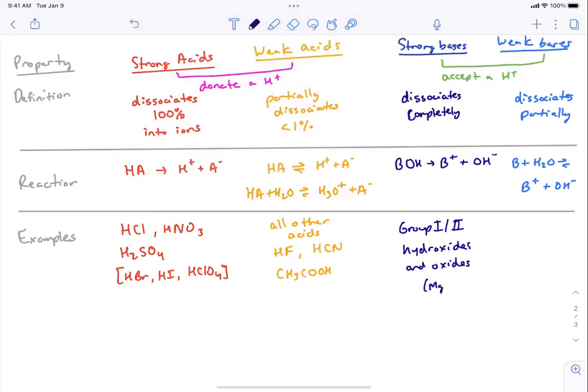Other than, let me say this, I don't know how picky they're going to be here. Not Mg and Ca. Those are the exceptions. Magnesium and calcium hydroxides and oxides tend to not be strong.